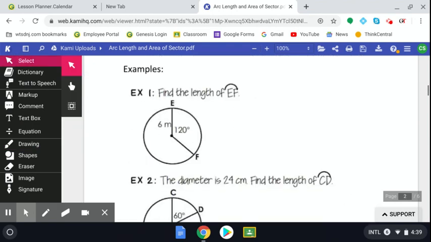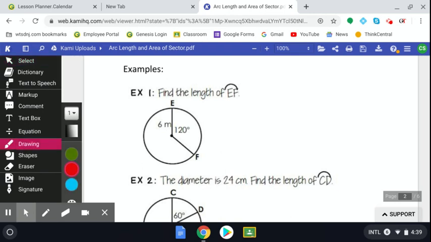For instance, this one says, find the length of arc EF. Notice how they're not saying find the measure, they're saying find the length. And that's our cue, so we know we need to use the arc length formula, the one we just saw up there.